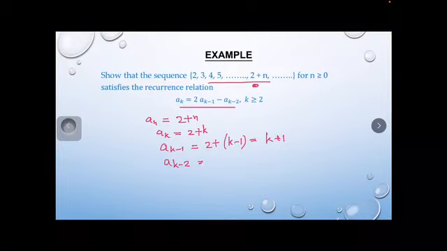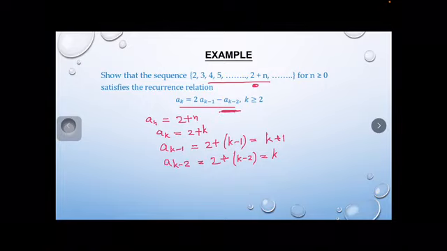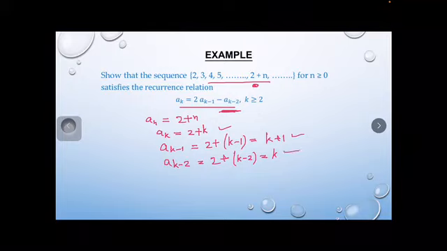When you put k minus 2, you will get 2 plus, and in place of k you put k minus 2, so it becomes k. Now put these values in both sides of the recurrence relation and verify that the left hand side equals the right hand side.